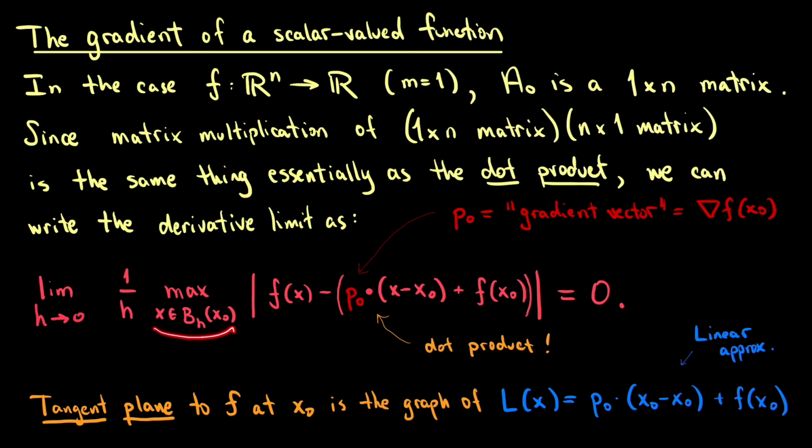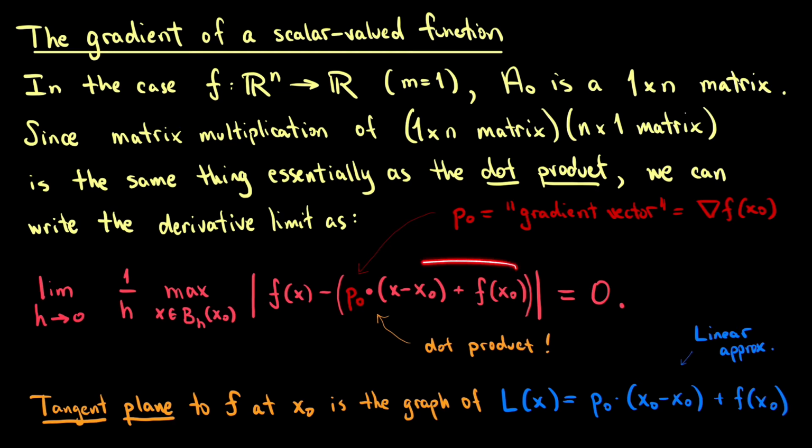Take the max of all points in the ball of radius h centered at x naught, of the difference between f of x and the linear approximation at x. Okay, now here the linear approximation has a dot product here, so it's just this vector p naught dot x minus x naught plus f of x naught, so that it goes through that point.